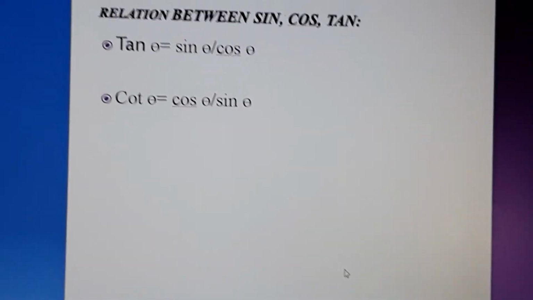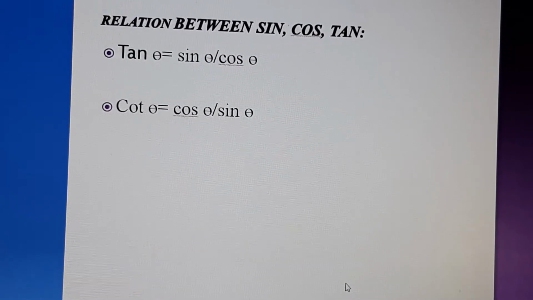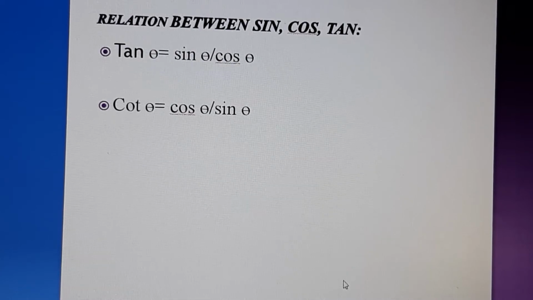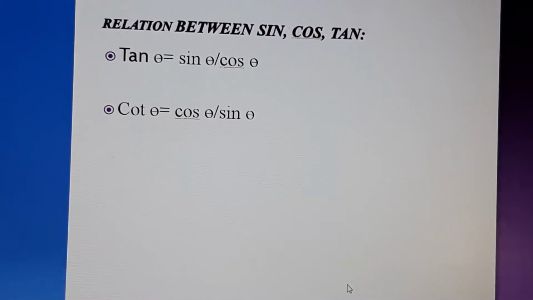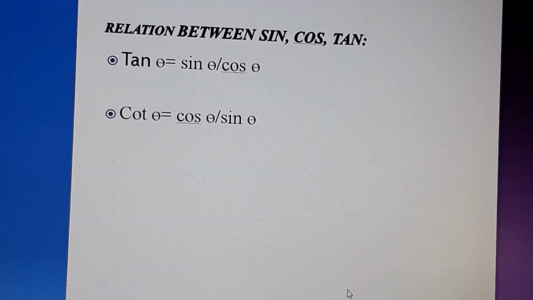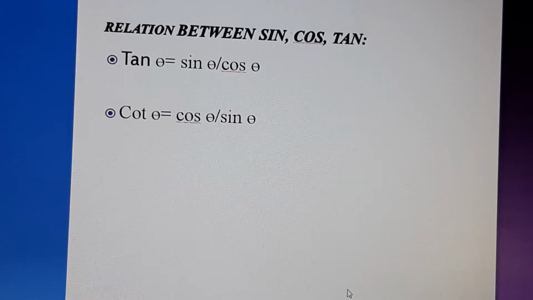And next, the relation between sin, cos, tan: tan theta is equal to sin theta divided by cos theta. I have explained this in my earlier video also. I hope you all remember it. And cot theta is equal to cos theta divided by sin theta.